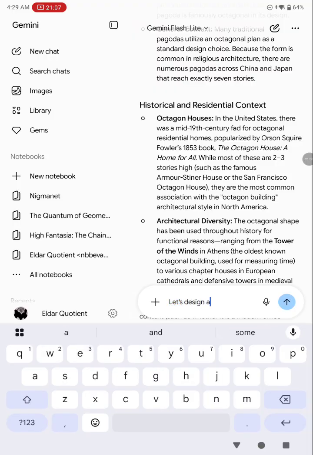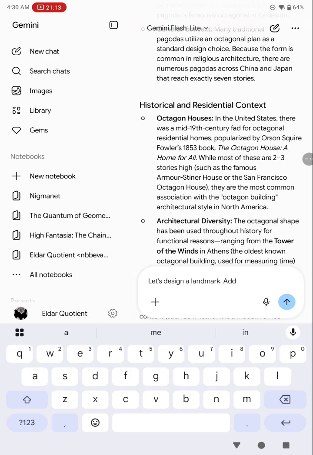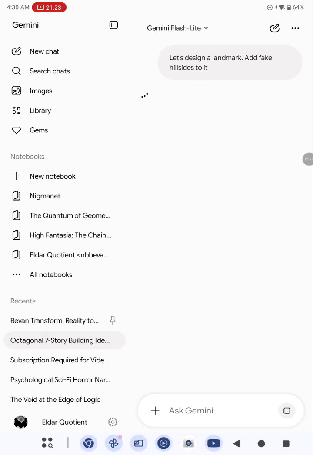Let's design a landmark. Add like a fake hillside to it. So now we're talking about the landscaping, almost like some Disney World stuff.